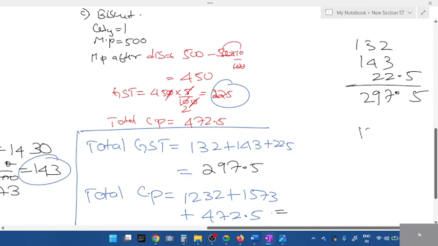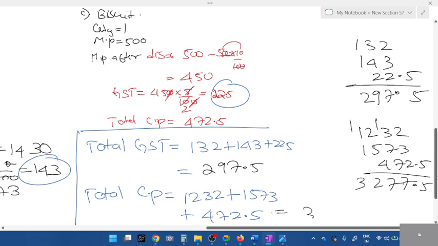And total cost price: 1232, 1573, 472.5. 0.5 again, 3, 5, 7. 7, 14, 17. Right? 5 plus 5, 10, 12. 3277.5 is the total mark price or total cost price.